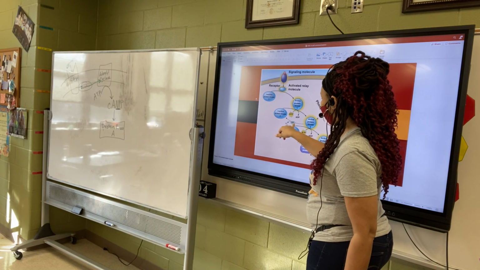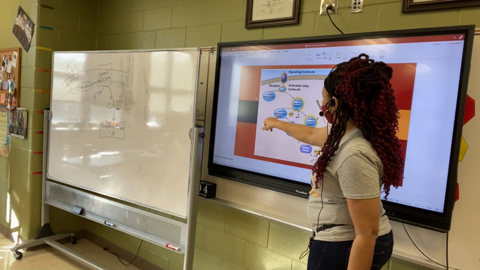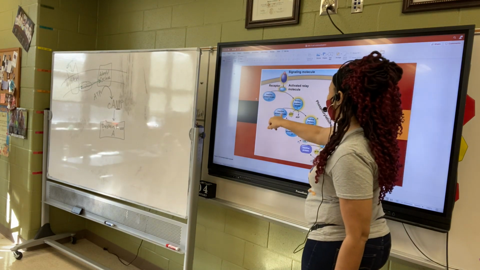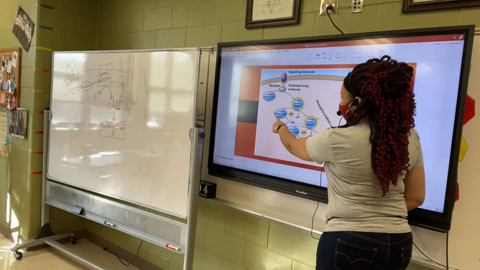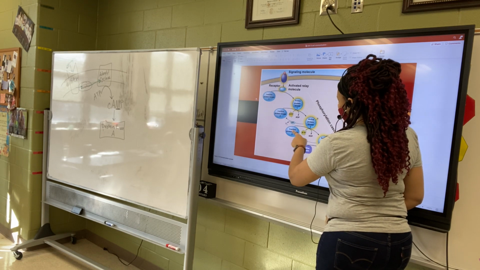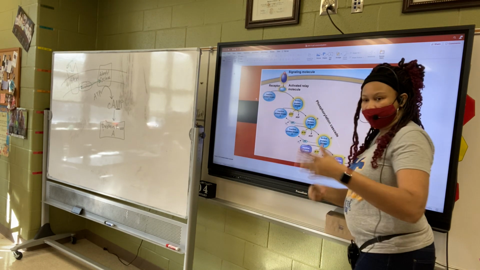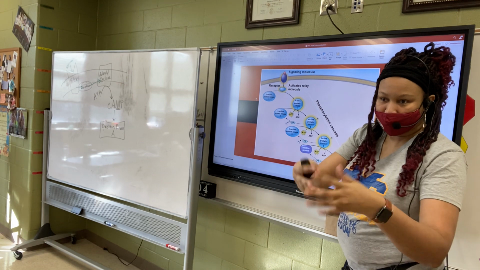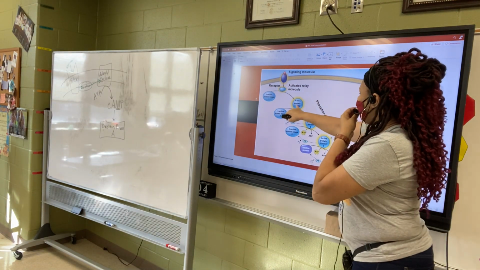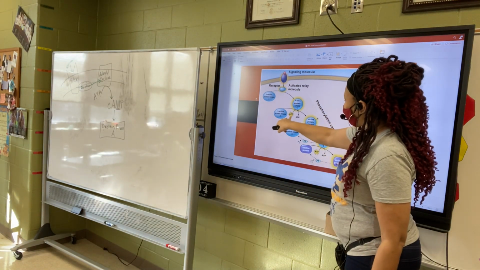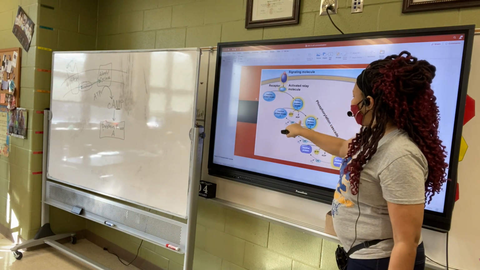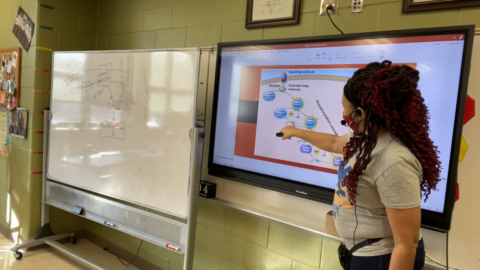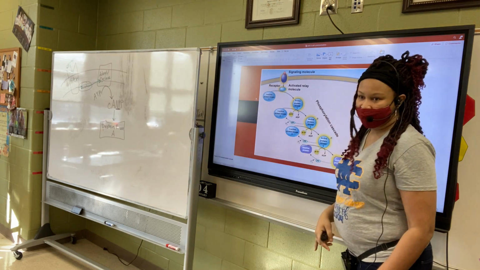A protein phosphatase will dephosphorylate the inactive one. 1 activates 2, 2 activates 3, 3 activates the relay protein or the protein that's going to trigger the response. To activate it, you have to add a phosphate group. This is a protein kinase. To deactivate it, a protein phosphatase removes the phosphate group.